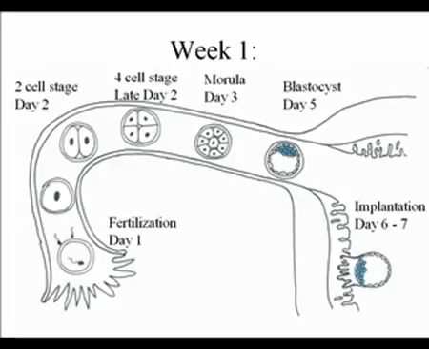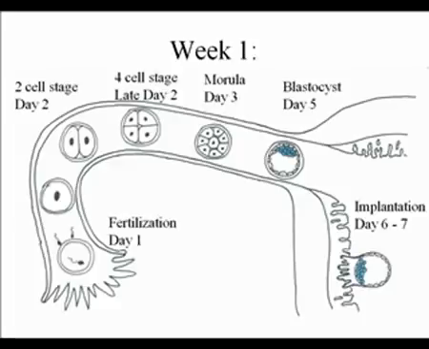The cells will continue to divide into the 4-cell stage at late day 2, and will continue to divide and as they do, they will form what is called a morula. And the morula exists at day 3, still located in the uterine tube.